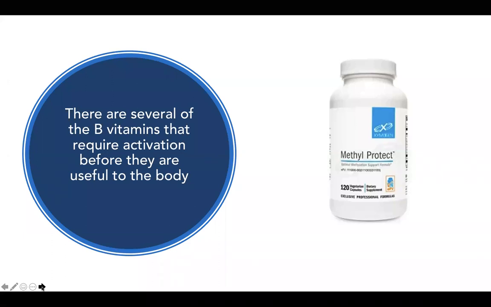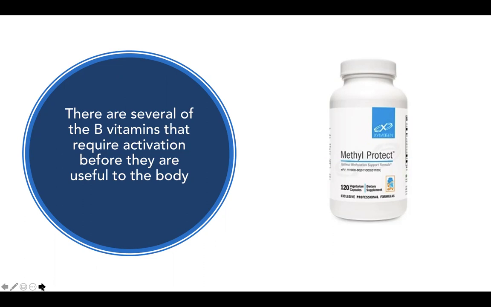Because there are several of the B vitamins that require this activation through this enzyme before they're useful in the body. And you can't get the right type of B vitamins over the counter. They're not going to have the specific type of B vitamins that your body needs if you have a variant. So there's a very specific type of B vitamin that I use when people have a variant of this MTHFR.